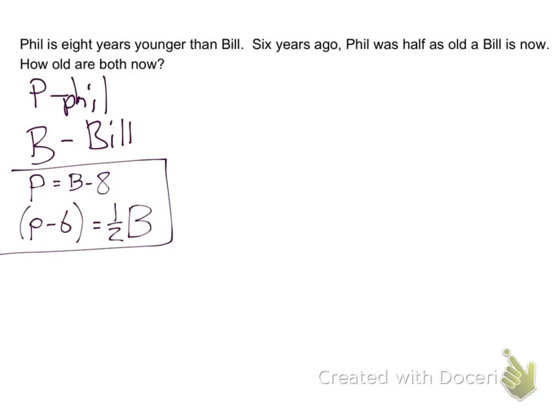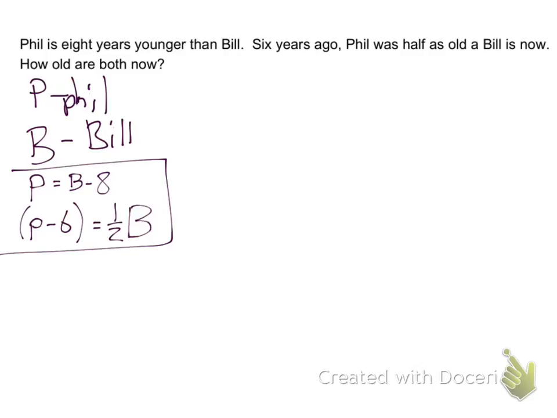So how do we solve this? We could use substitution. How about we do that one instead? Normally I say, hey, let's stick with elimination, put it in standard form and cancel the variable out. But do you notice that this one says P equals B minus 8? So I already know what P equals.